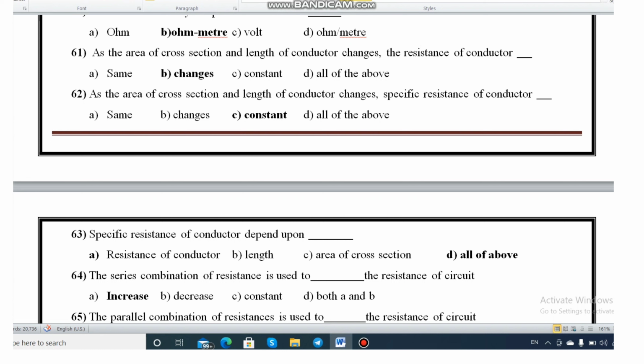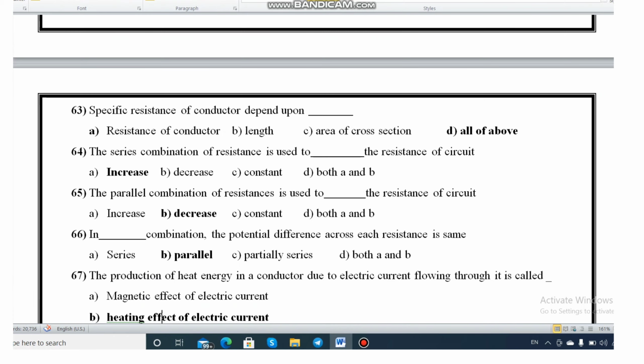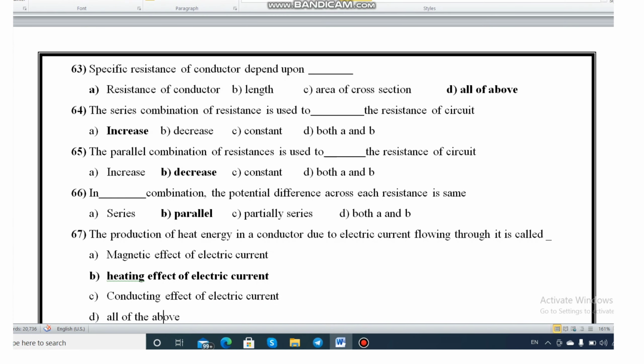As the area of cross section and length of conductor change, the resistance of a conductor also changes. As the area of cross section and length of a conductor change, specific resistance of a conductor is constant. In question number 63, specific resistance of a conductor depends upon what? It depends upon resistance of conductor, length and area of cross section. That means all three factors.